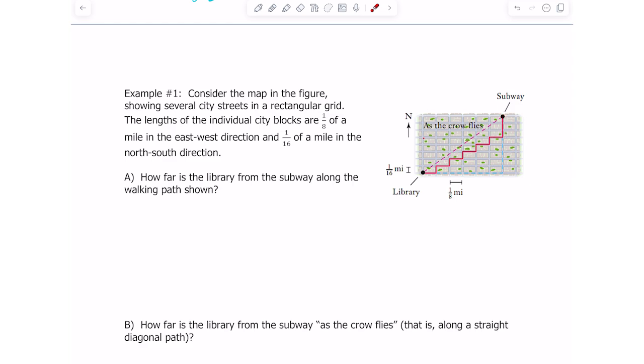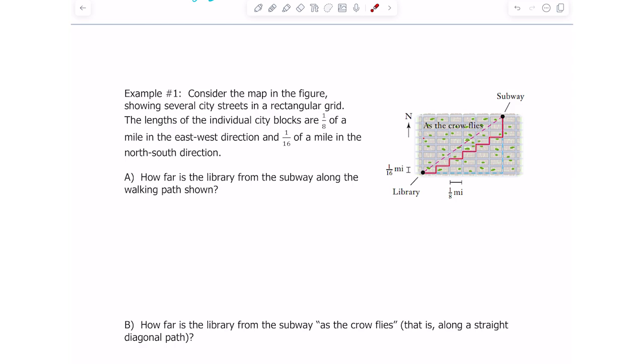Okay, so I know that each of these is 1/8 of a mile. How many of those would I need to walk to get to this point here, which is going to be directly across, right? In other words, if I was to add up all of these, what is the length? So I need to count. I've got 1, 2, 3, 4, 5, 6.